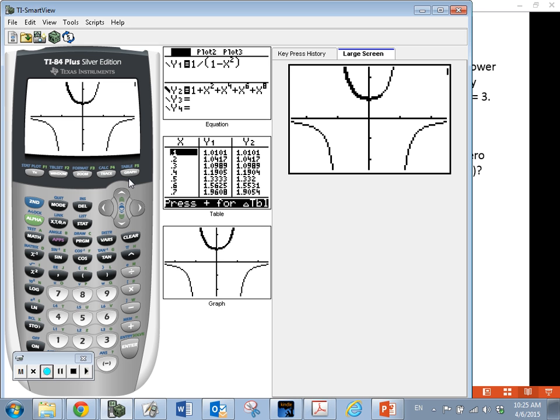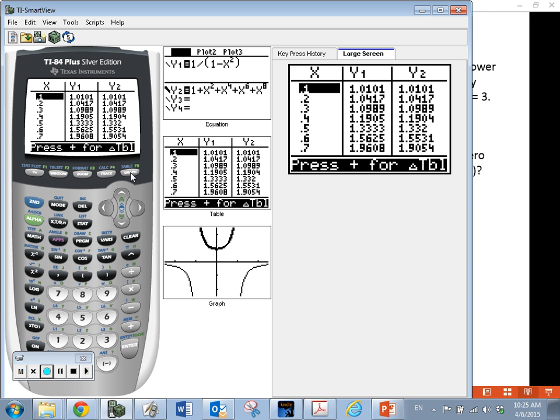And then that's my Taylor polynomial. Notice how in the center it matches very well. If you look at our table, you'll notice that comparing these at 0.1, 0.2, 0.3, they are virtually identical. The farther you get away from 0, certainly they're not exactly the same, but they're very, very close.